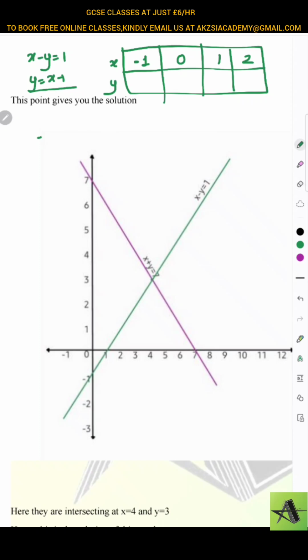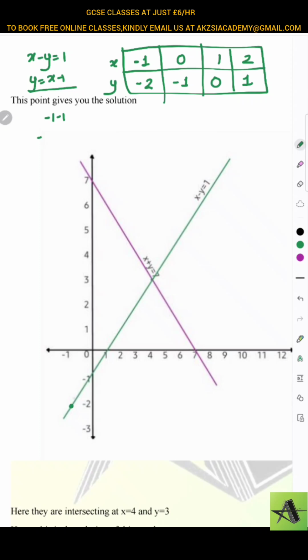So y is x minus 1. So -1 minus 1 is -2. Substitute x equals 0, y is -1. Substitute x equals 1, this will be 0. Substitute x equals 2, this will be 1.